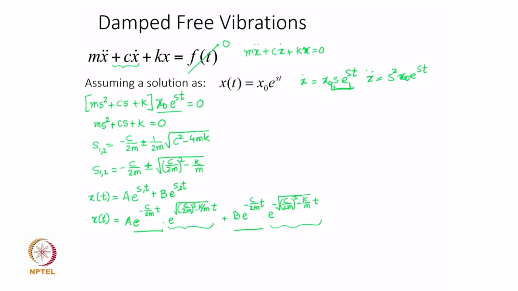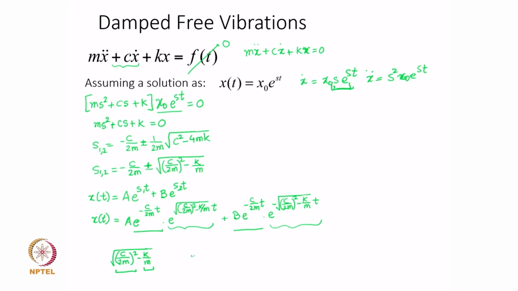Now, if I focus on that particular root, square root of C over 2 m squared minus k over m, if this term is greater than this term, then it is a positive value.